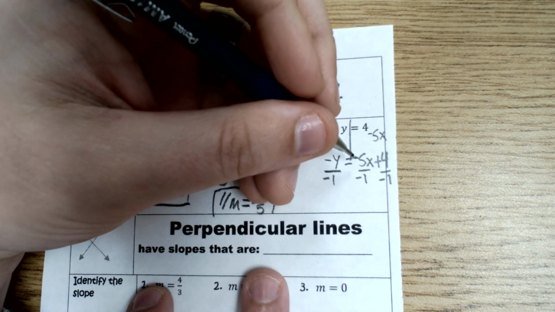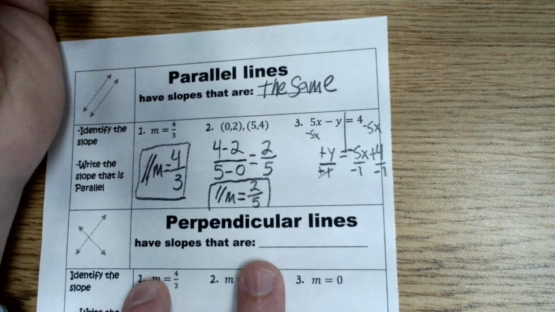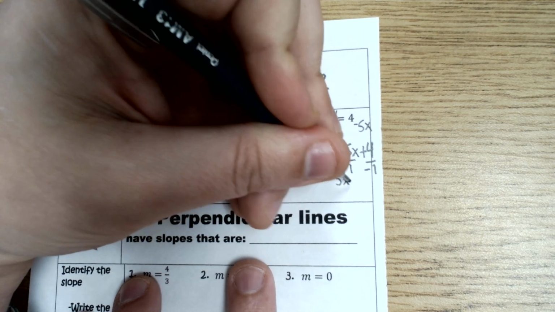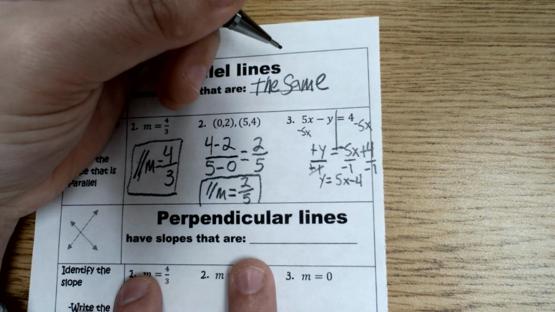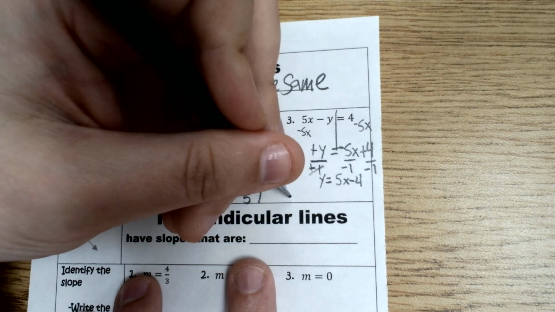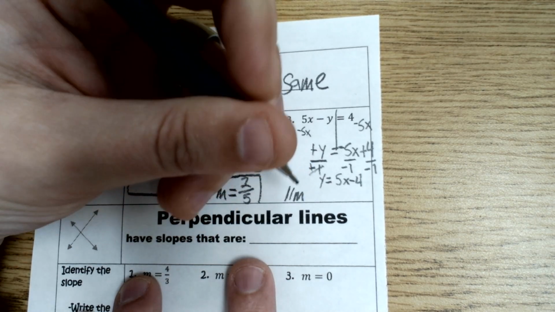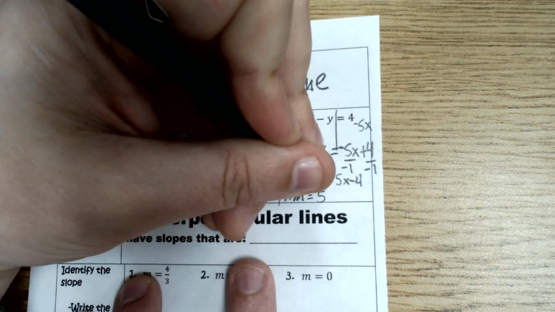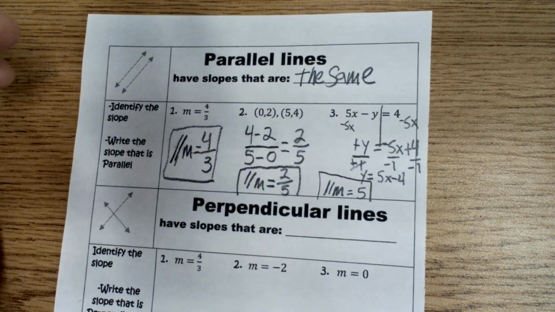And so my slope would be just a positive 5. So that changes to positive, cancels that out, and that changes to a positive 5. So 5x minus 4 is what y equals. So my parallel slope, and the slope of that actual line, would just be 5. So again, same thing.